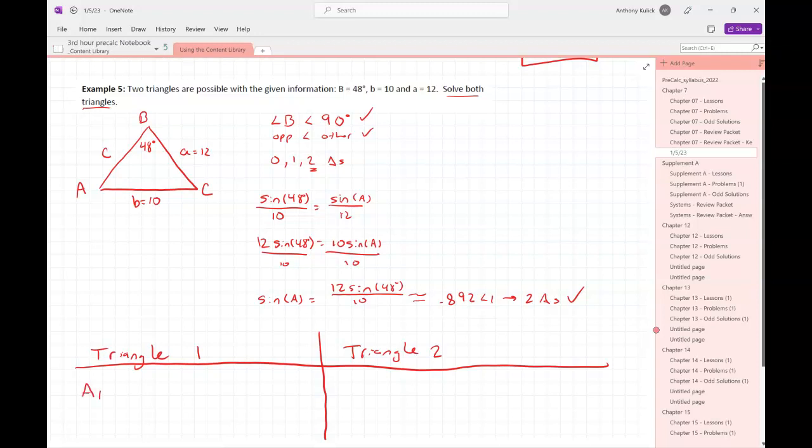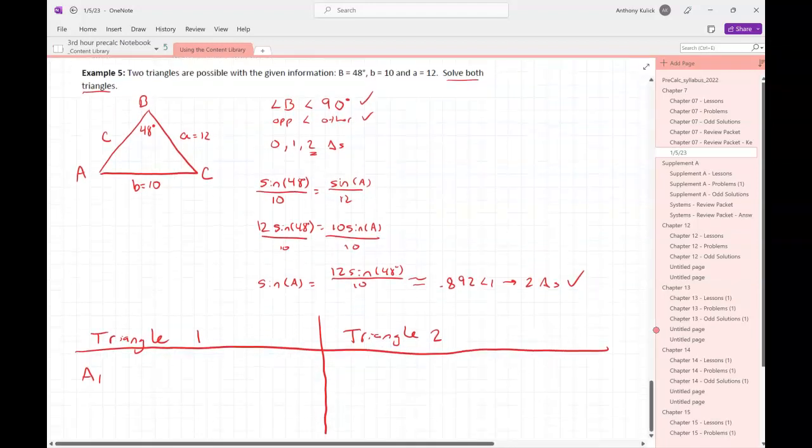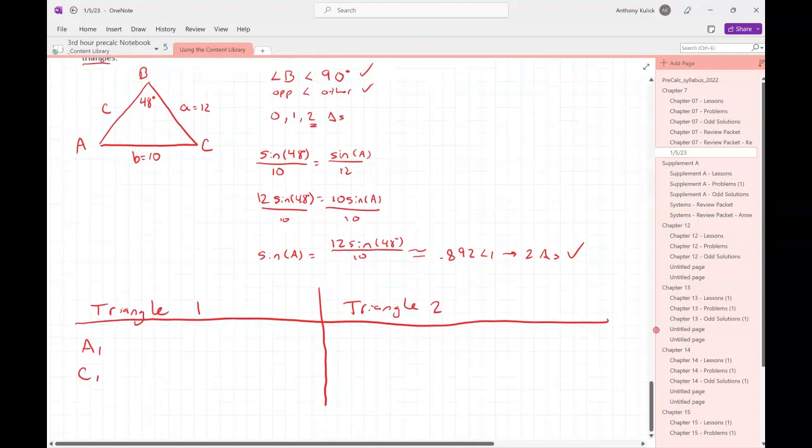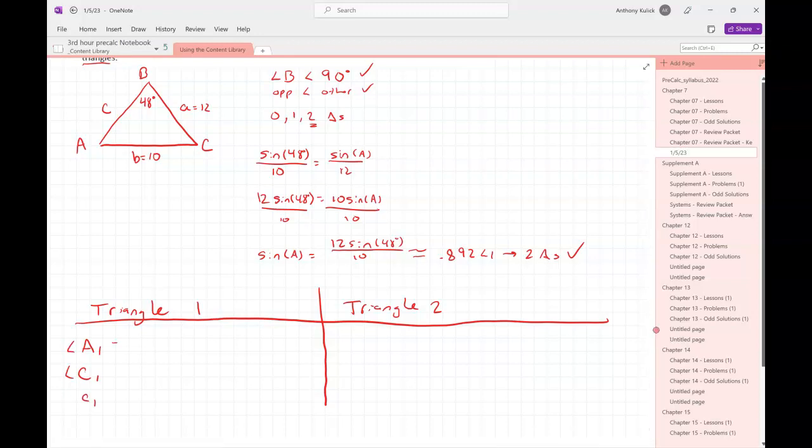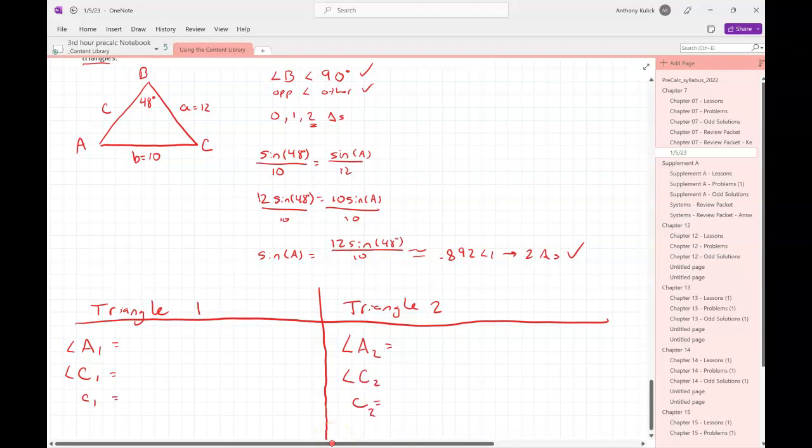In triangle 1, I need to find angle A, angle C, and side C. In triangle 2, I also need to find angle A, angle C, and side C. But I'm going to label some subscripts so that I know which angle A I'm talking about, whether it's in triangle 1 or triangle 2, which angle C, which side C. So I'm going to put a subscript of 1 or 2 on those to remind myself what triangle I'm getting this number for. Is everybody okay with that? Okay.